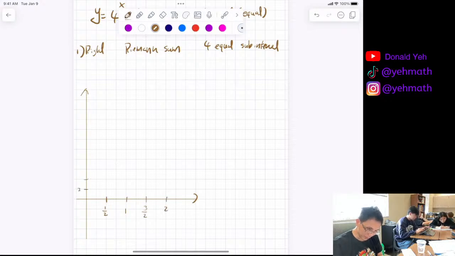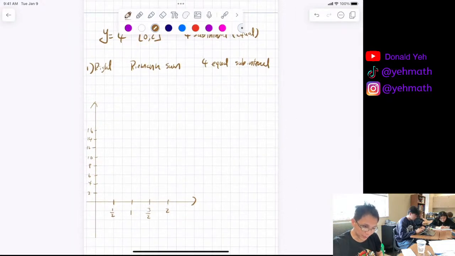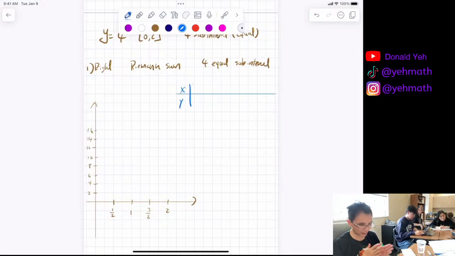And each one's going to be 2, 4, 6, 8, 10, 12, 14, and 16. And what I'm going to do is use a table. A table here is going to represent x and y. I'm going to plug in the values. Now, why do I use the scale of 1/2, 1, 3/2, and 2?